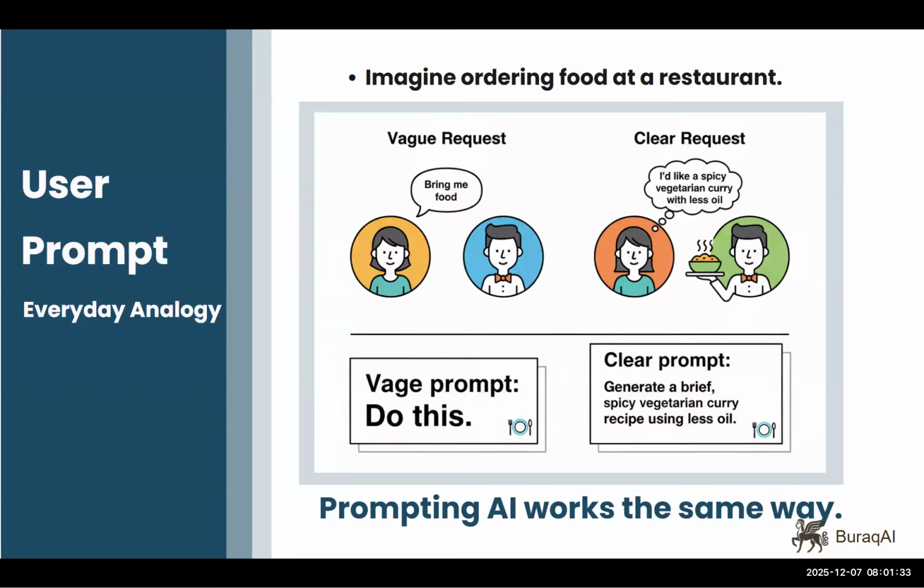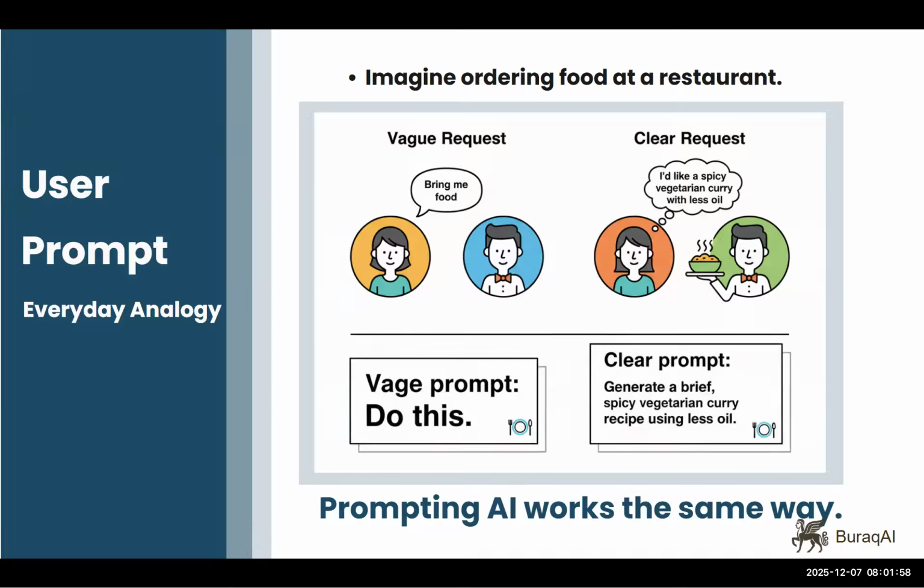That same thing you're doing when you give a prompt to your model. A clear prompt would say, hey, give me a vegetarian curry, like mixed veg curry or some vegan curry, spicy and using less oil. Most of the time, ChatGPT asks you back, do you want to add this?